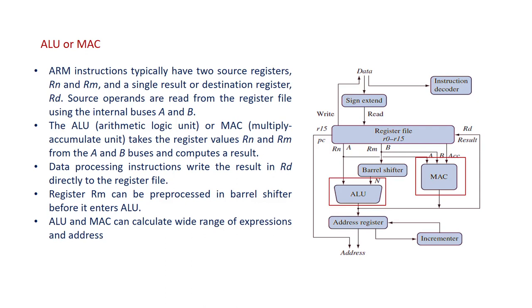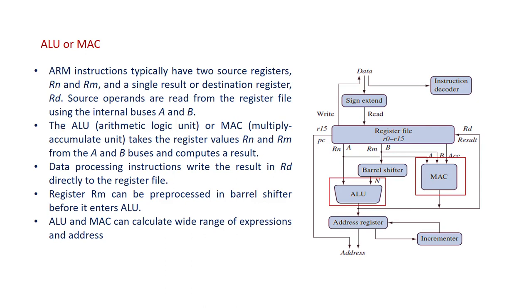ALU or MAC takes the register values from RN and RM from the A and B buses and computes the results. Data processing instructions write the result in RD directly to the register file.